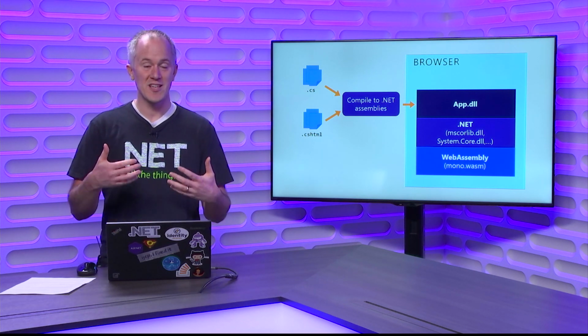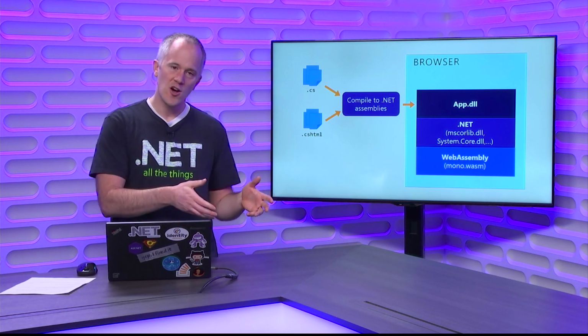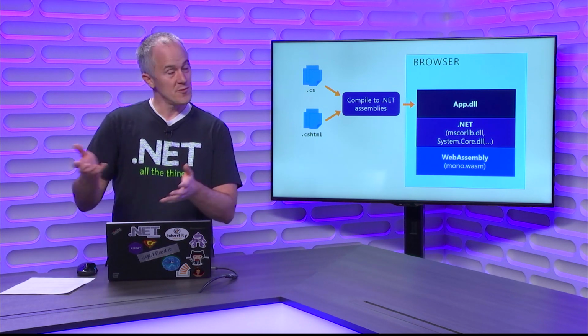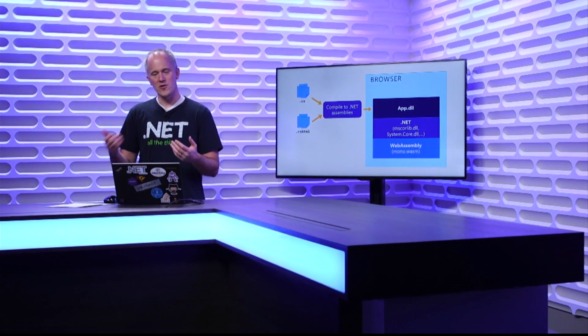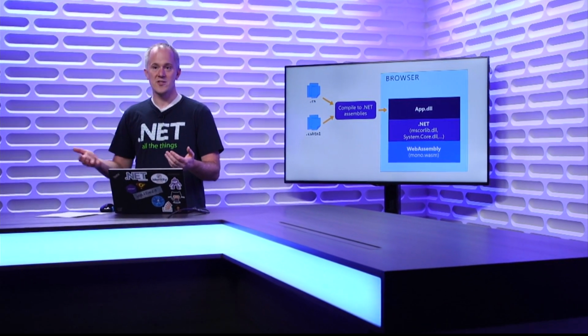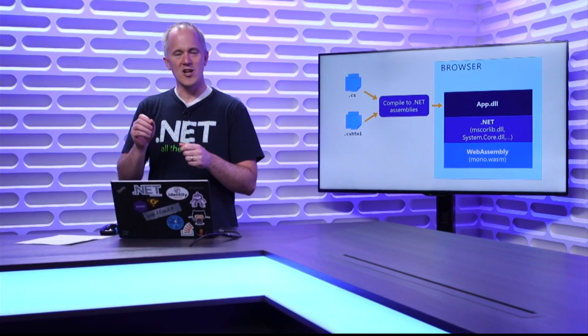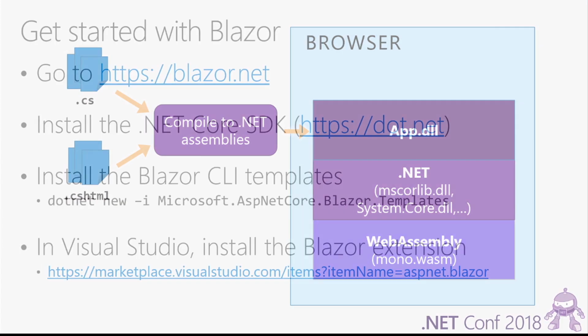So we have a WebAssembly implementation of a .NET runtime. We then take your .NET code and your Razor files, we compile them into normal .NET assemblies and download them into the browser along with all their dependencies and along with the WebAssembly .NET runtime. And then we take the WebAssembly, have a little bit of JavaScript that bootstraps it, executes it, points it at your .NET assemblies and says, run these. And that's how you can get .NET running in the browser.